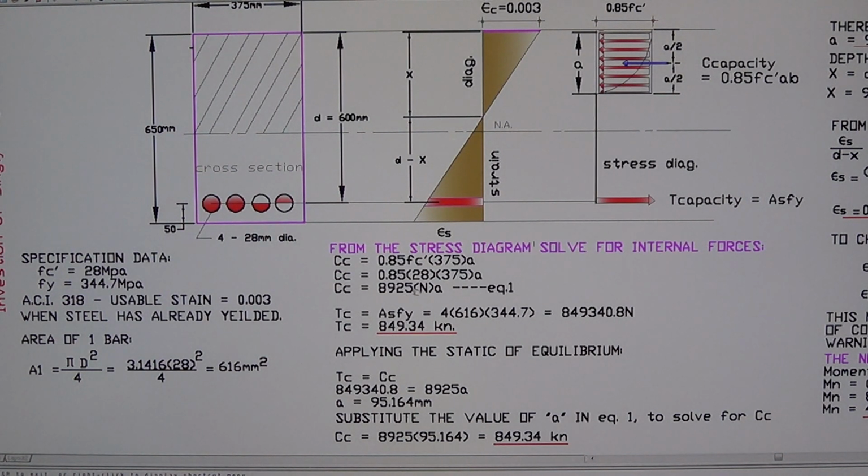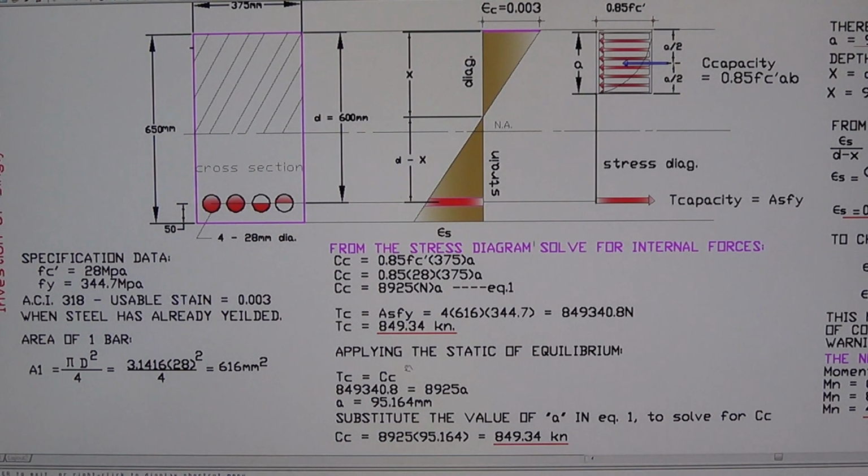Now the compression and the tension in the beam should be in equilibrium. They should be equal so that they are in a state of equilibrium and it doesn't move. Applying static equilibrium, the tension should be equal to the compression. Therefore, the tension capacity is equal to the compression capacity.